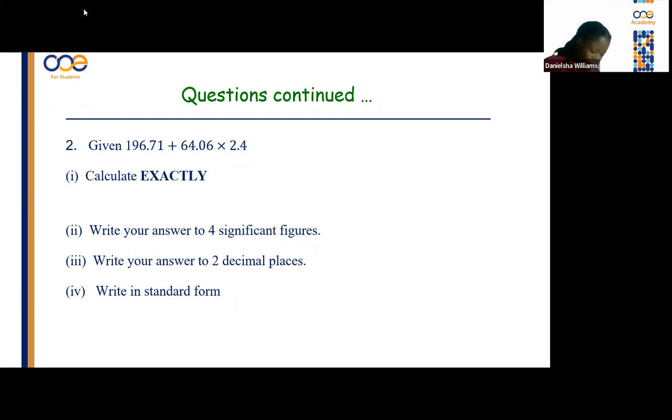We have 1 minute and 40 seconds left. 1 minute and 36 seconds.